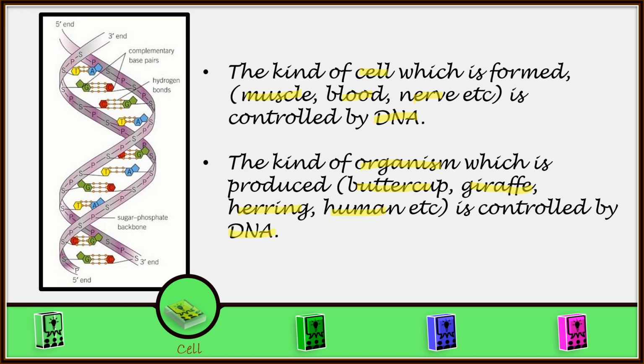Any type of organism that is formed, whether it is a buttercup flower, a giraffe, which is an animal, a herring, which is a fish, or a human, the production of that organism is controlled by DNA.